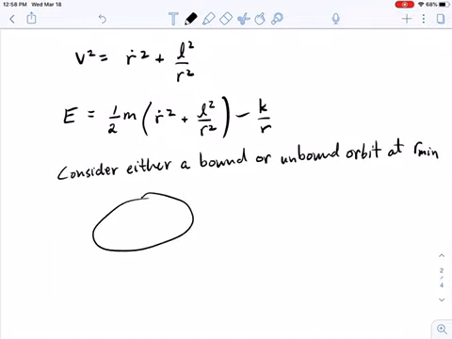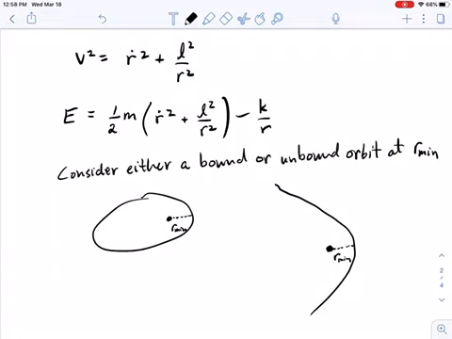So what would that look like? If we had a bound elliptical orbit, then our r min is right here. If we had an unbound orbit, let's see if I can draw this, then here's the sun, and our minimum is right there.